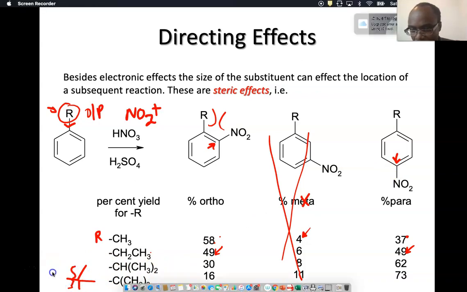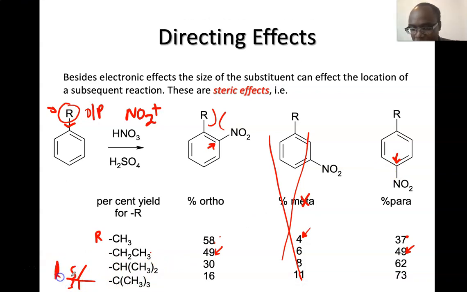If this is your R group, now that becomes too big, so you'll have these alkyl groups here. It becomes too big. That means if you put the nitro group on ortho position, that NO2 is going to be crowded, and that means that the ortho position will not be favored. Much of the product would be para because now the NO2 is further away from the bulky group.